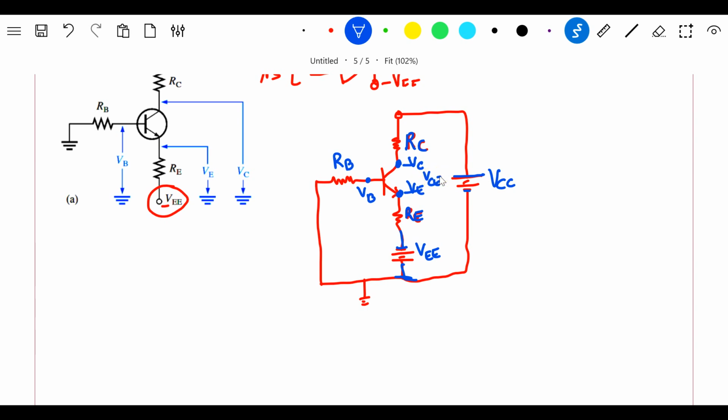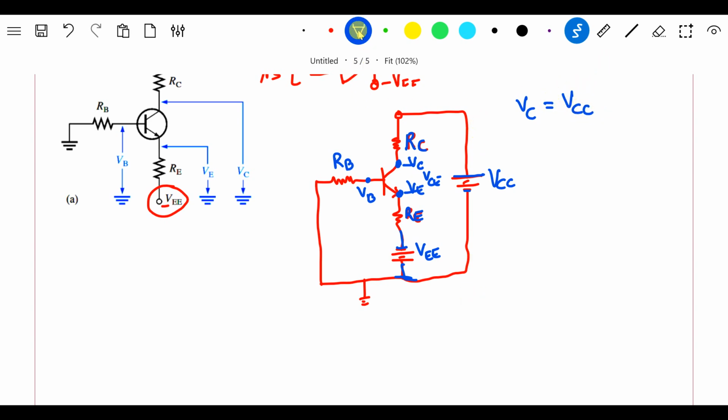We all know it. Now when I say VC, we can put the same equation as we did in the previous biasing circuit. VC will be equal to the total voltage VCC.